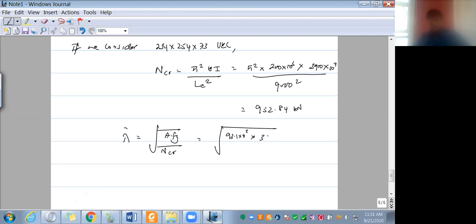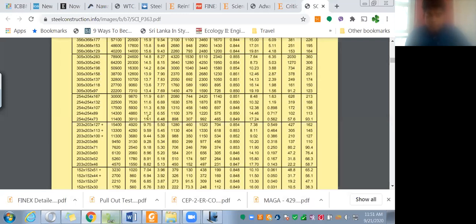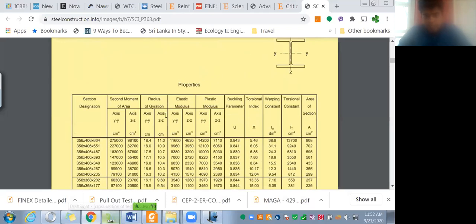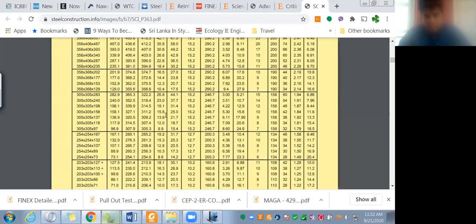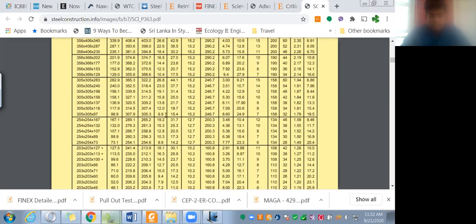Fy is 355 because the steel thickness is less than 16 millimeters for both. The thickness of the web and flange is 8.6 and 14.2, so that is still thinner than 16.